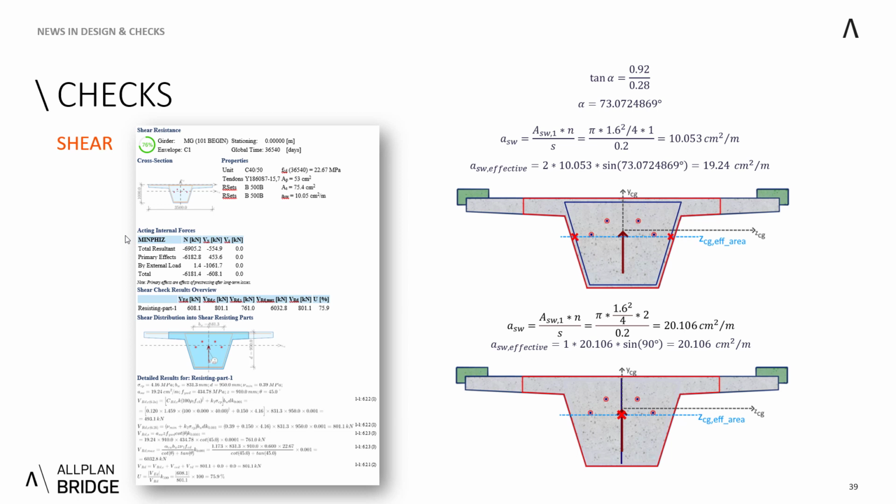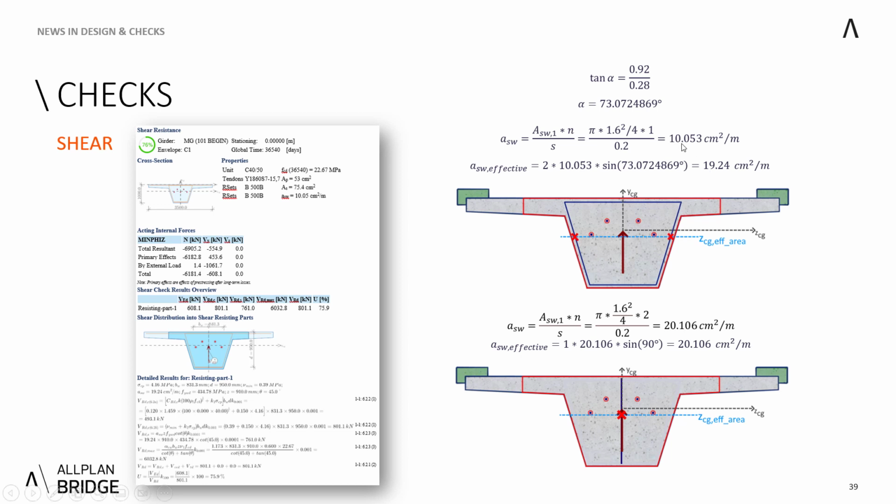The first one, in the top picture, is that you can draw the boundary representing the real geometry of the stirrup. Therefore, you apply the number of branches or legs as 1, and when you do the shear calculation, it will be considered as two intersections, resulting in this ASW effective of 19.24 centimeters squared per meter.